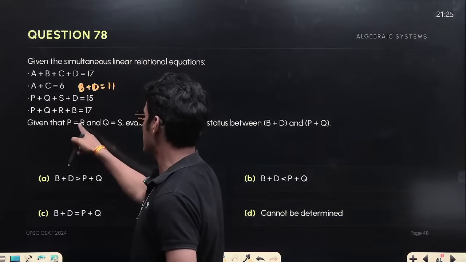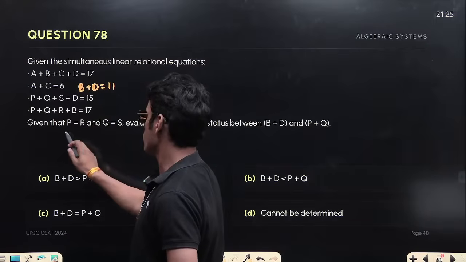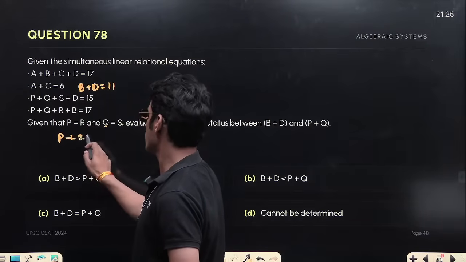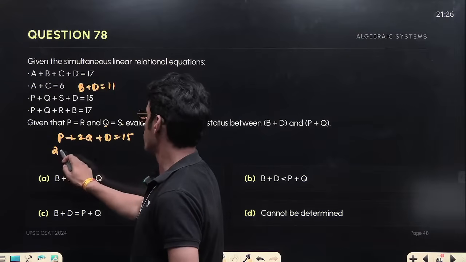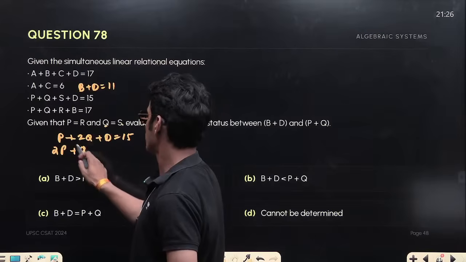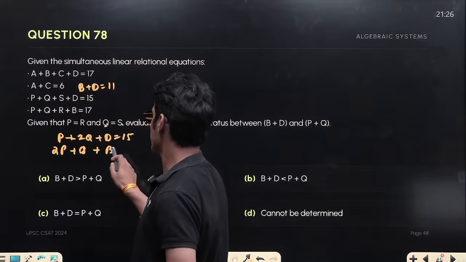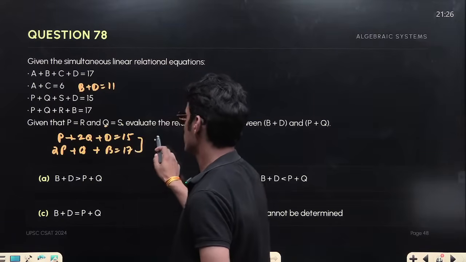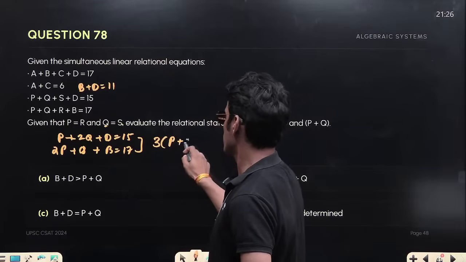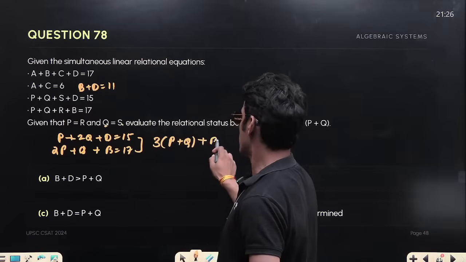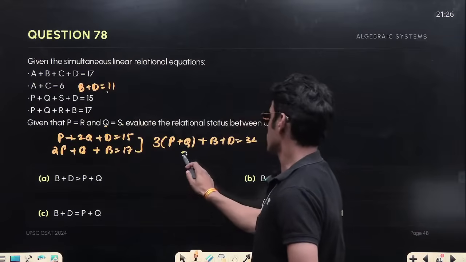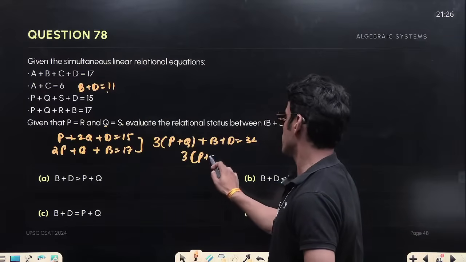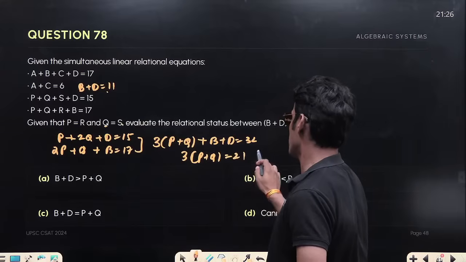Now, given p equal to r and q equal to s, so 2q plus d is 15, 2p plus q plus b equal to 17. Add these two. So this gives me 3 times p plus q plus b plus d is 32. B plus d is 11. So this gives me 3 times p plus q is 21, p plus q is 7.